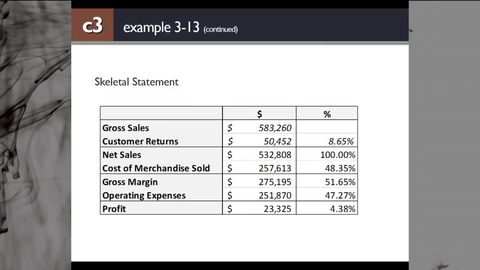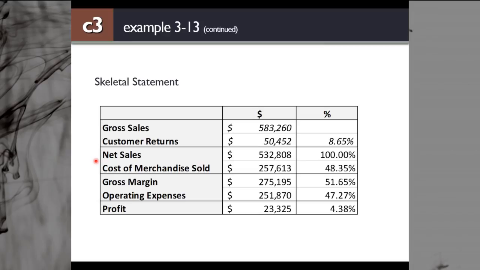So let's look at the next slide here. We keep the same part at the top, and this one even includes the cost of merchandise sold, gross margin, operating expenses, and profit. You learned net sales, cost of merchandise sold, gross margin, operating expenses, and profit last time, and we just talked about this top part.